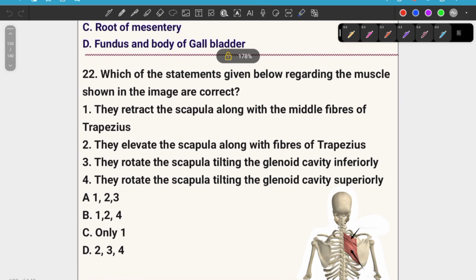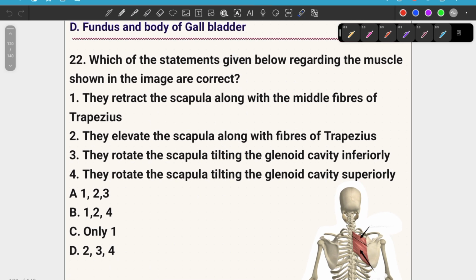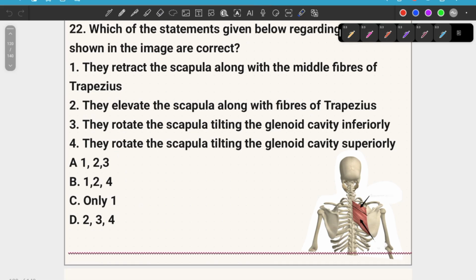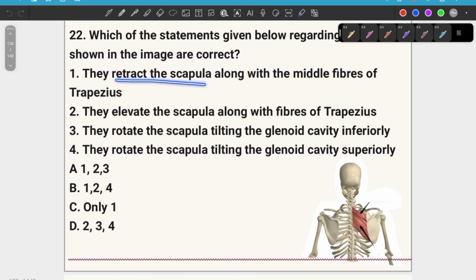Okay, 22nd question. Which of the following statements regarding the muscles shown in the image are correct? Here they have shown rhomboideus minor and rhomboideus major. They retract the scapula along with middle fibers of the trapezius.